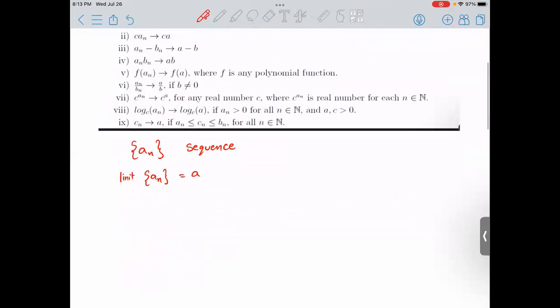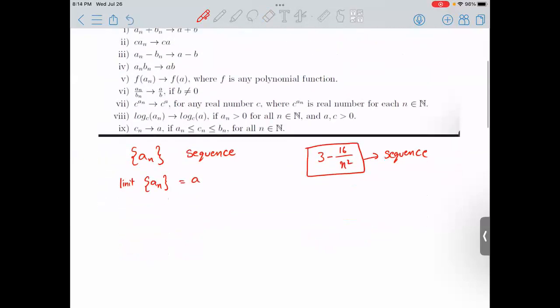I will explain with an example. Suppose there is a sequence 3 minus 16 by n square, where n belongs to the natural numbers.